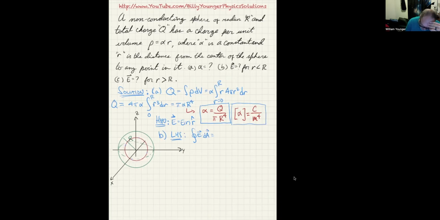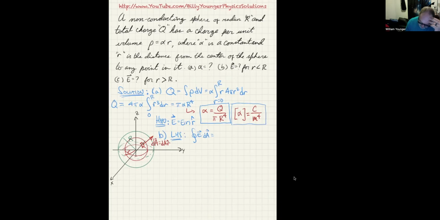And now I'm going to say that this radius is lowercase r. Again, I can draw some dots around here to show that it's actually a sphere. Again, I can consider a little patch on the sphere here with the dA vector being dA r hat.